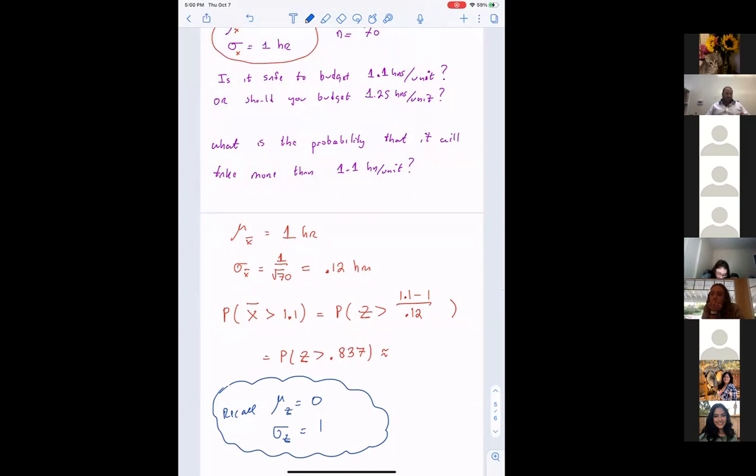So what do you get? In this case, what is the probability that Z is greater than 0.837? What does our calculator give us? Do you actually do it on the calculator? I forgot how to do it on the calculator. I can walk you through it. You're going to hit second vars, and you're going to go to normal CDF, and you're going to put a lower 0.837, upper 999999999, mu 0, sigma 1, and compute.